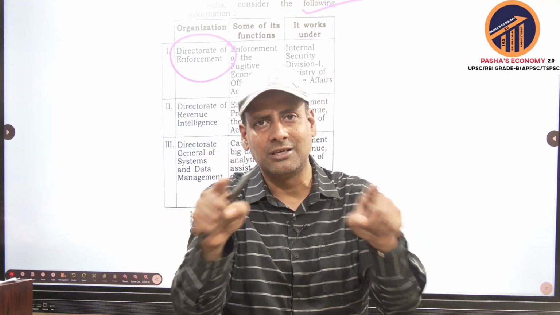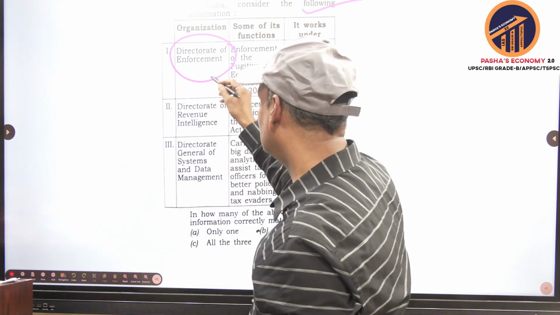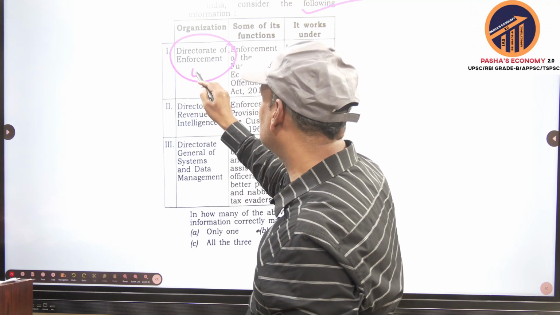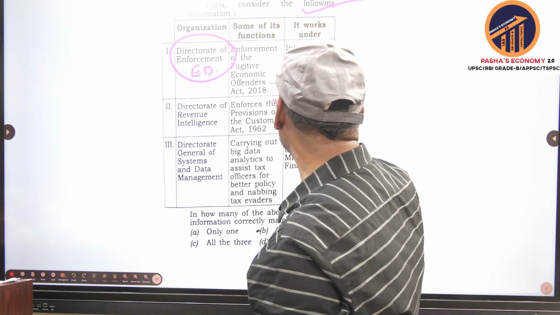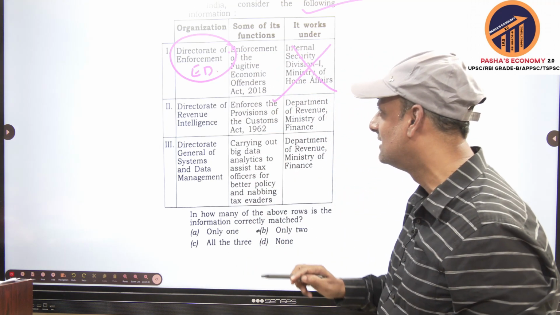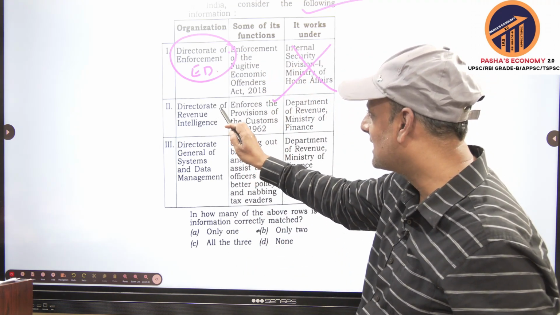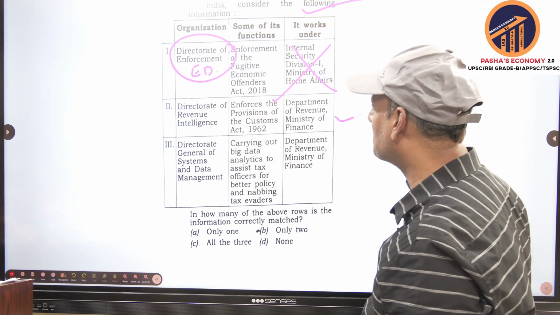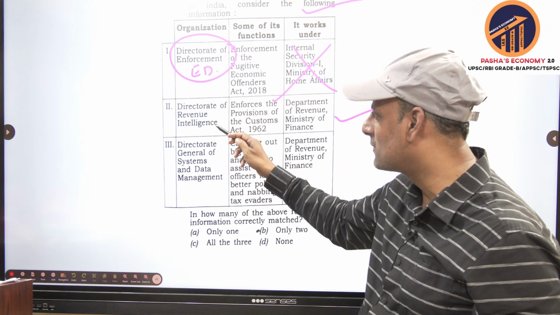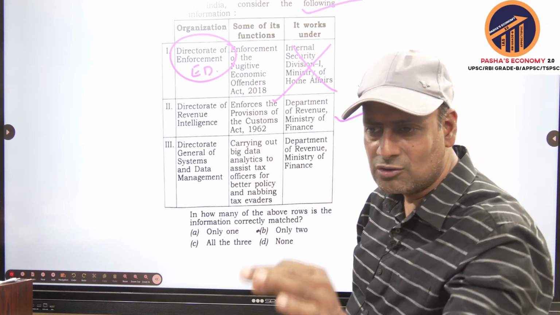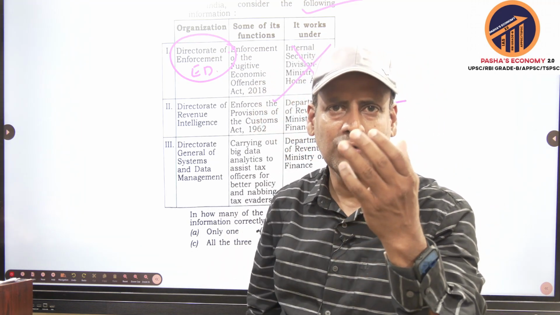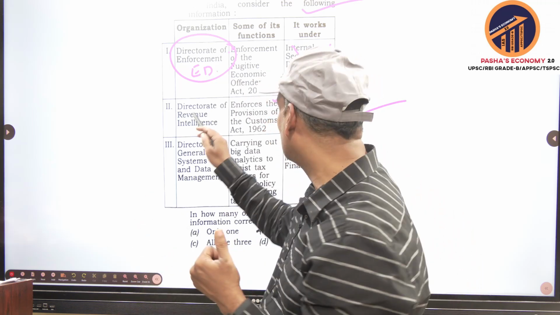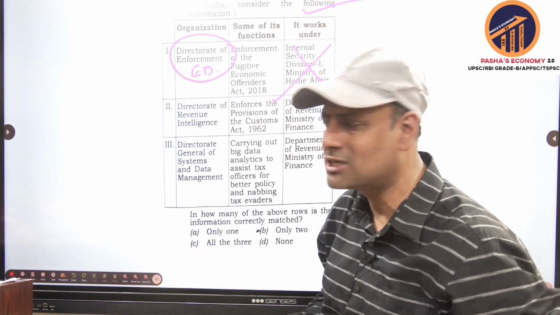So friends, here the Directorate of Enforcement, ED, works under the Department of Revenue, not under the Security Division of the Home Ministry. Clear? The Directorate of Revenue Intelligence, to identify money scams as well as money frauds, works under the Department of Revenue, Ministry of Finance.